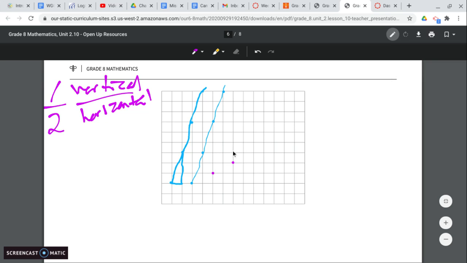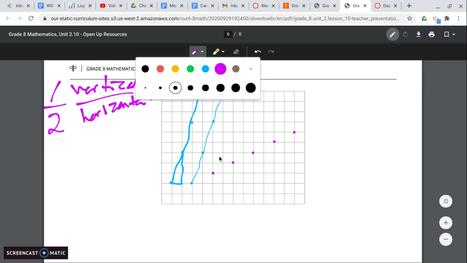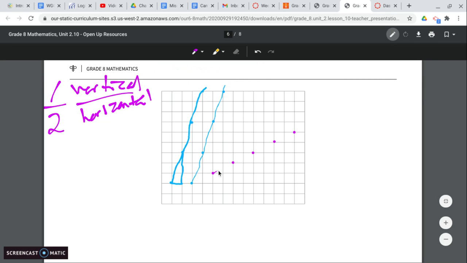That's our horizontal. Up 1 and over 2. Up 1 and over 2. Up 1 and over 2. Then we can draw the line that goes between these. That will have a slope of 1/2. Connect all these points as best you can. Obviously mine's a little off.